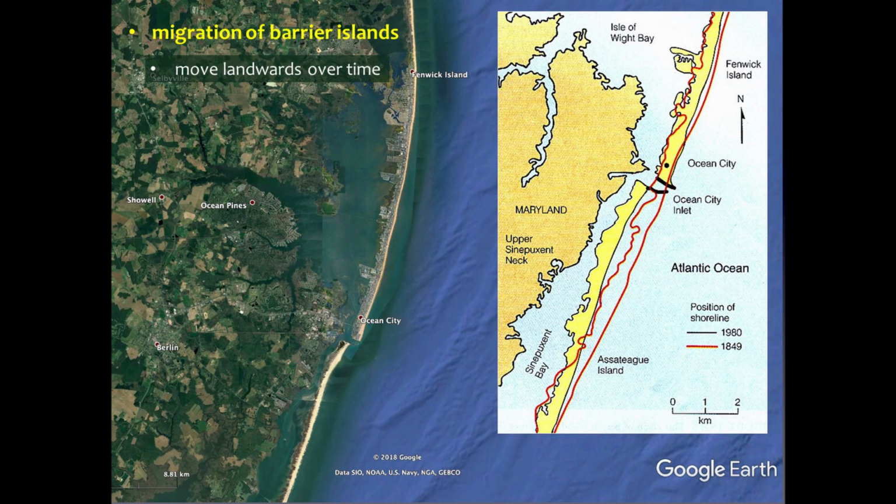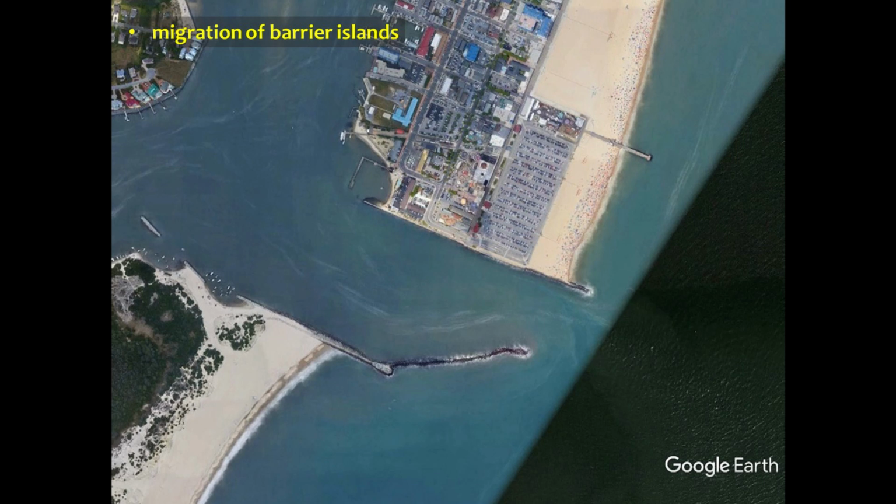Barrier islands, especially in some parts of the world, like around the eastern seaboard of the United States, become very popular locations to build on, to have a summer home on, to have a summer cottage on. So these islands will become very heavily developed. Here we're looking at Fenwick Island on the top part, Assateague Island on the bottom part, and an inlet known as Ocean City Inlet. What do we see? Well, Fenwick Island is heavily developed.